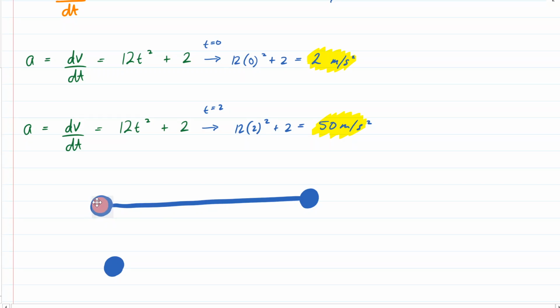And then what's going to happen is, you see here, I have 2 meters a second squared. That's my acceleration. So I'm changing my velocity slowly. But then after t equals 2, I'm changing it quickly because it's 50 meters a second squared. So I'm starting off slow. My change of velocity is slow, but then it gets quicker and quicker. That's why my acceleration is increasing, because I started to speed up slowly, then I get faster and faster.